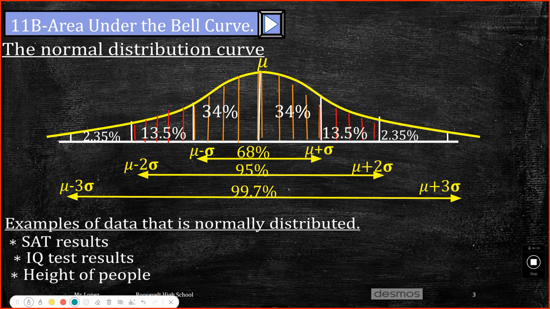The Dutch, the Netherlands. The guys are about 6 foot on average, and the girls are about 5'10" or 5'8". I don't know. A girl on average in the Netherlands is taller than me.